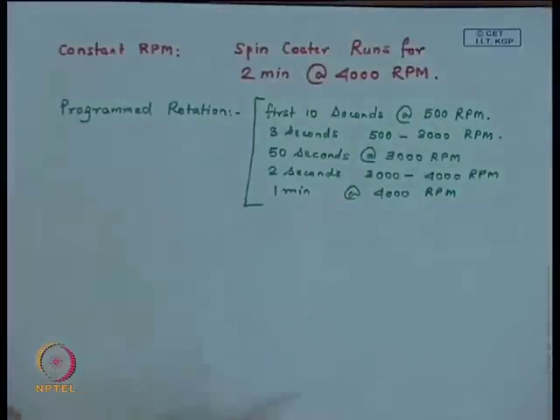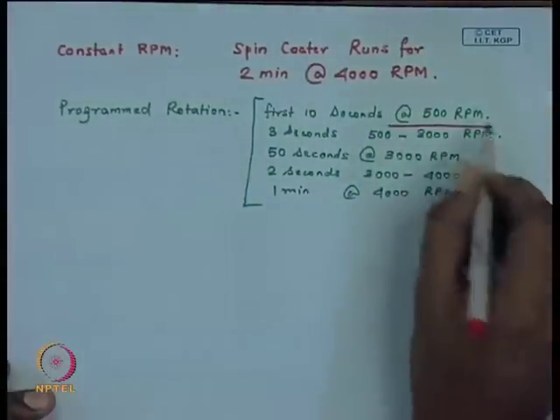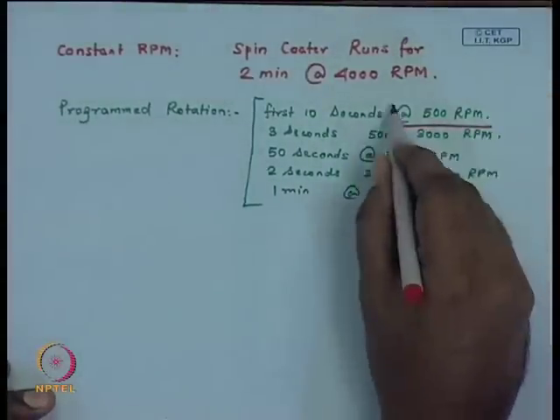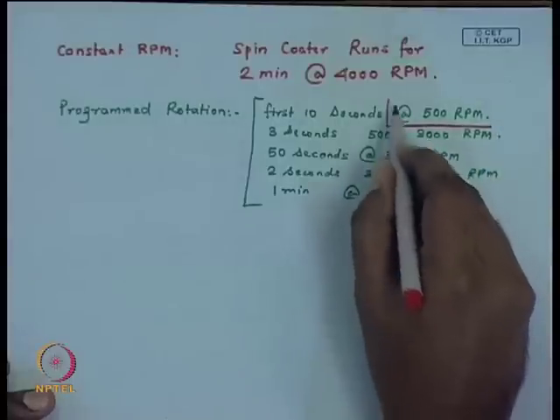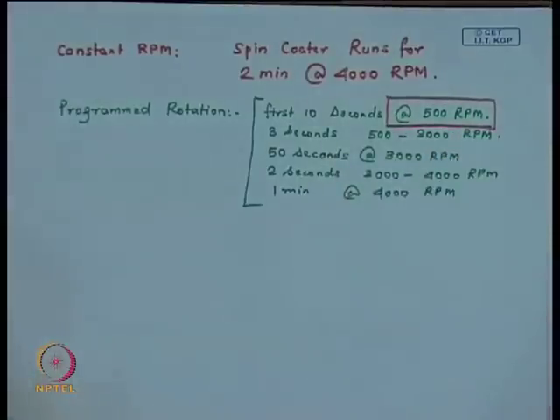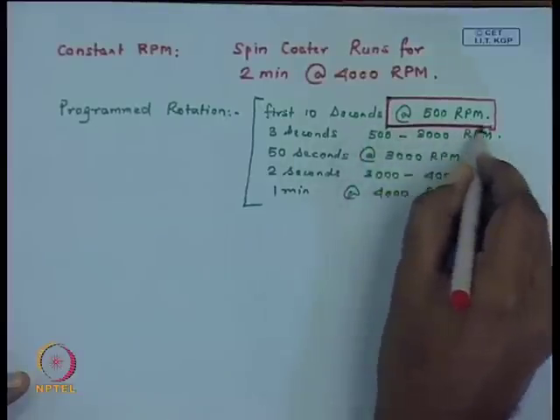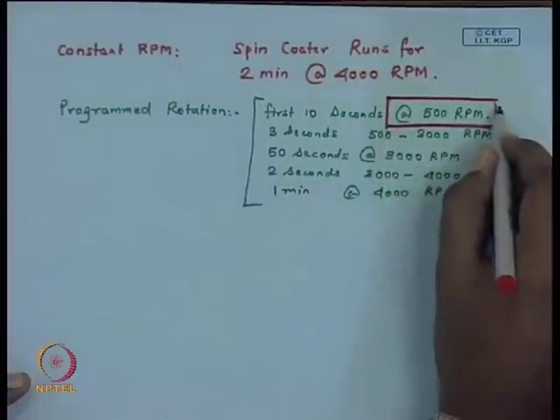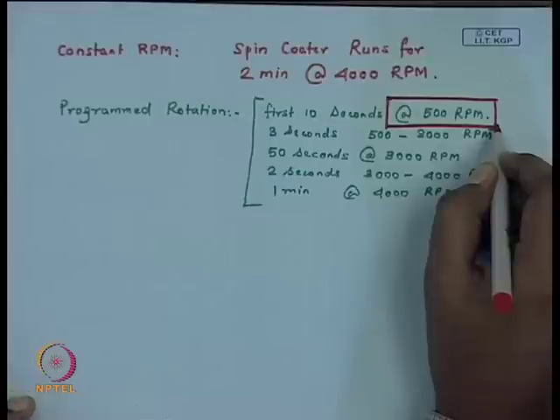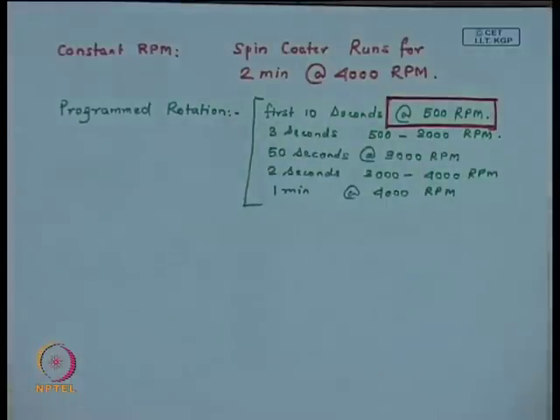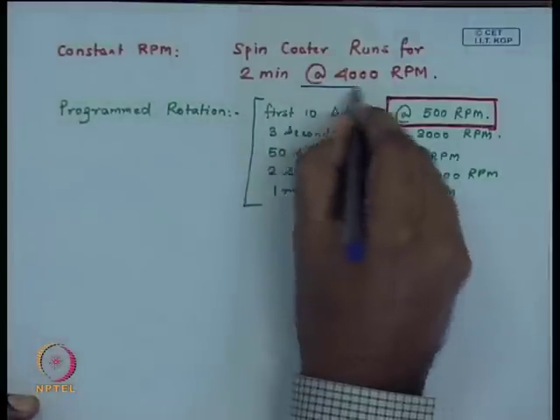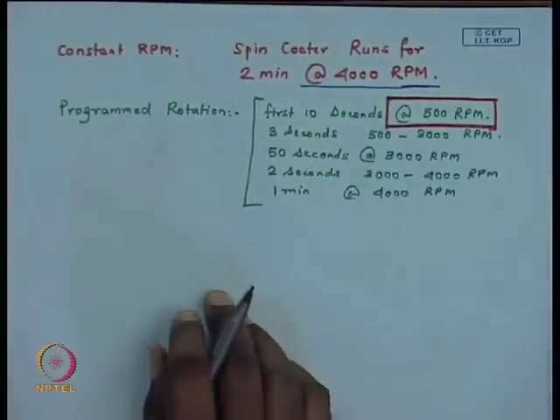If you pick up a program like this, you are slowing down the pace at which the meniscus is travelling to the edge. Compare a program in which for the first 10 seconds you have 500 RPM, in contrast to this one, where right after spinning you want to jack it up to 4000 RPM.